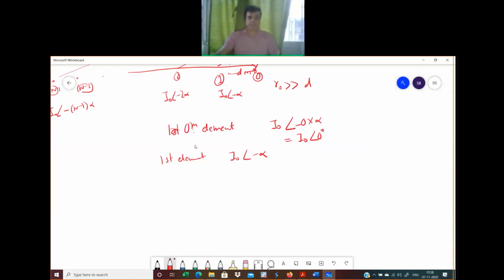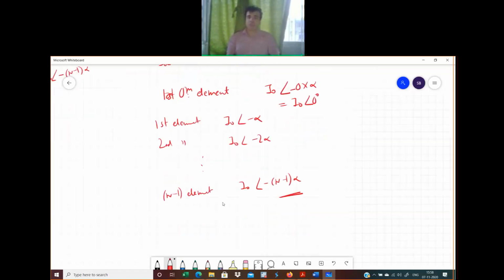Second element, I0 minus 2 alpha. Similarly, the last, n minus 1 element, we have I0 n minus 1 alpha. Okay. So this is the excitation of the n-element array. Is it okay? Right.